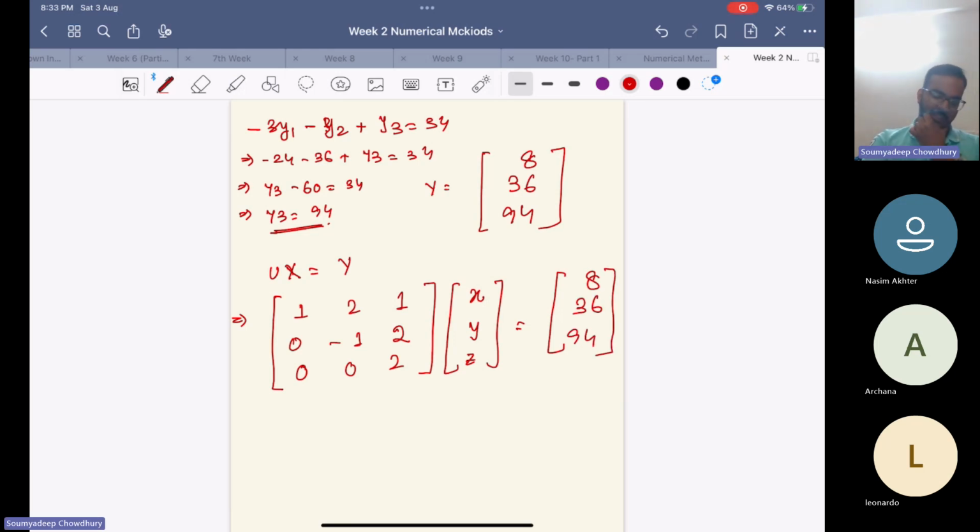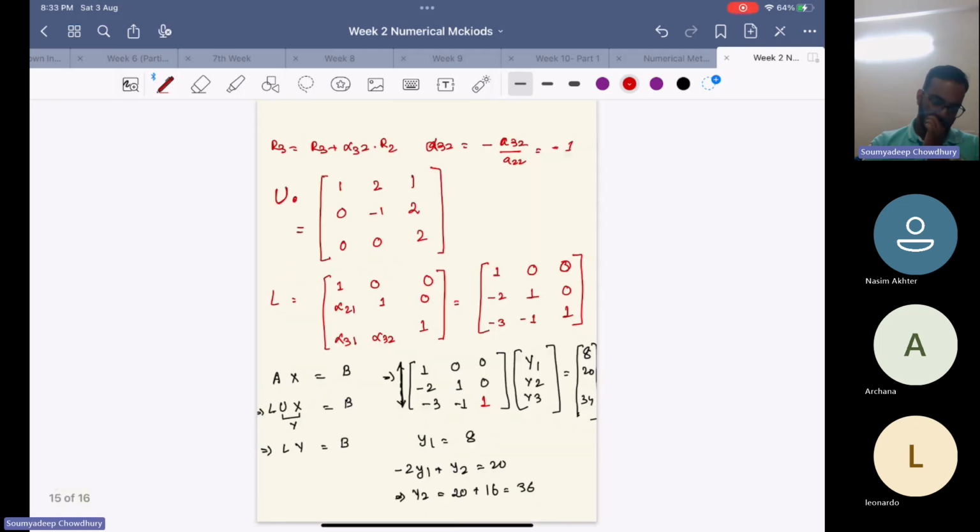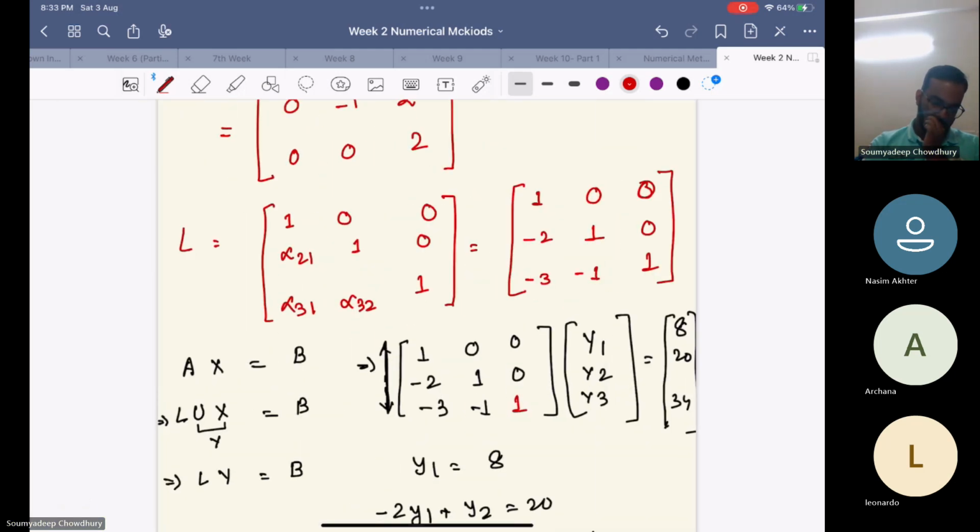Some calculation mistake I have done, I think. Okay. Are the calculations fine? Can someone check the calculations once?